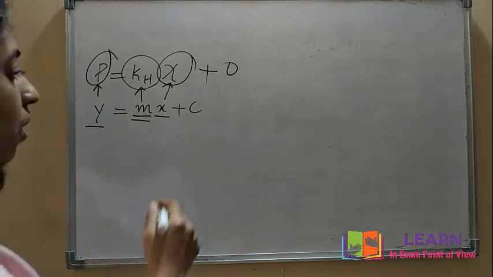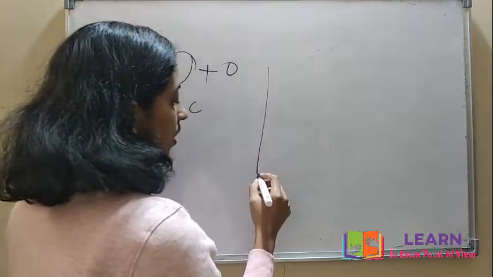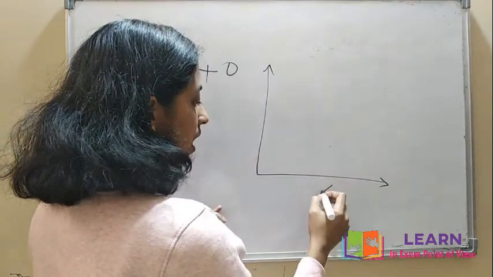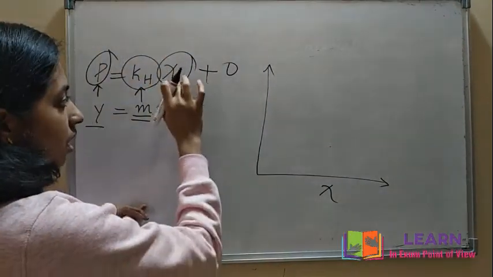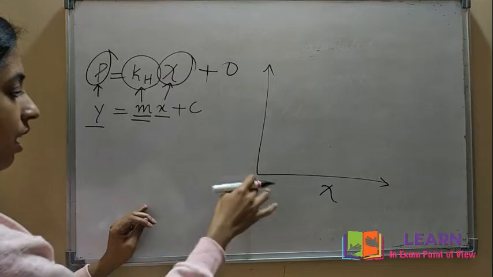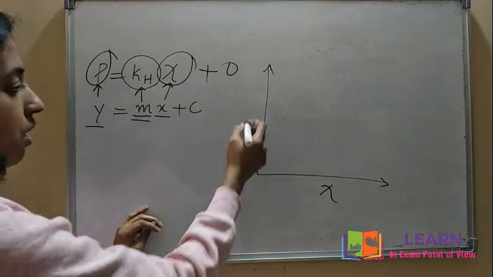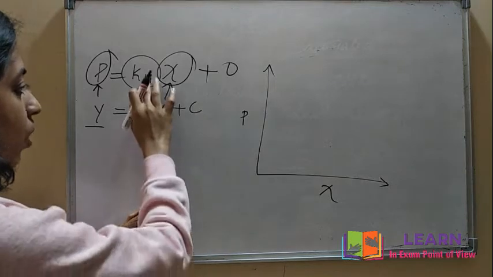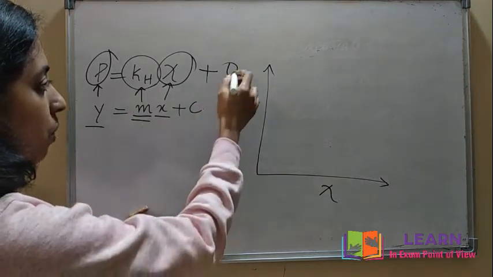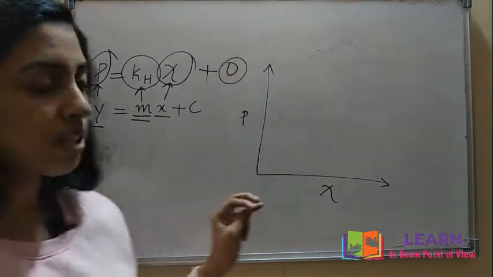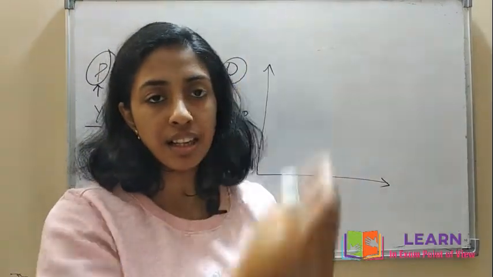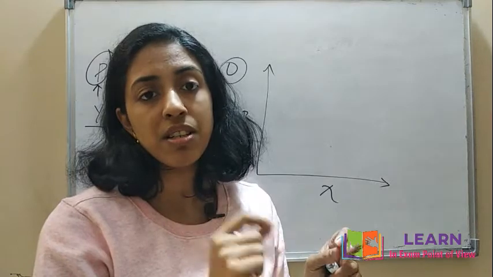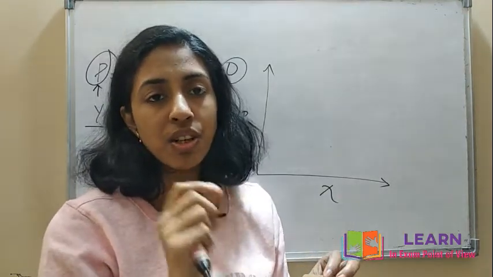Okay, so if you plot this in a graph, so in x and y, here comes x, chi, and y-axis, partial pressure, P. Fine. And since the slope is positive and the y-intercept is 0, y-intercept means if we draw back that line, where it touches the y-axis, that point is known as y-intercept.